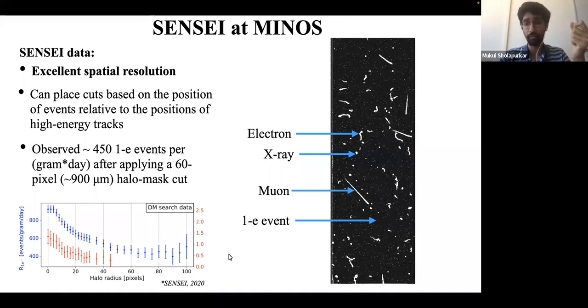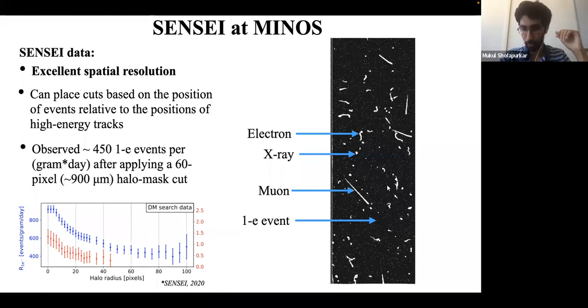So what we pointed out in that paper could be happening was that these high energy tracks could be emitting Cherenkov radiation, and some of that Cherenkov radiation could travel away from these tracks and travel more than the 60 pixel or 900 micrometer cut that Sensei is applying.